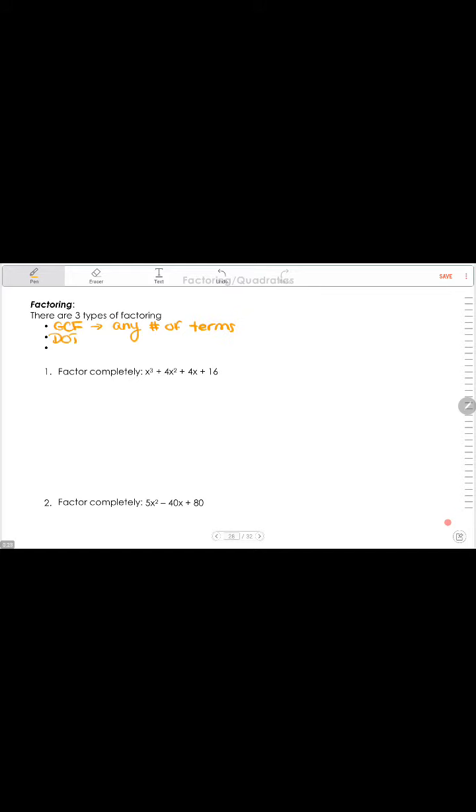Difference of perfect squares, which only happens when there's a binomial. And then trinomials, with three terms. And for that, we can use reverse box method, or reverse distribution.